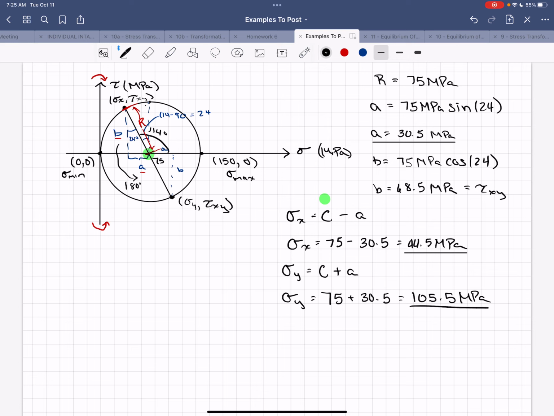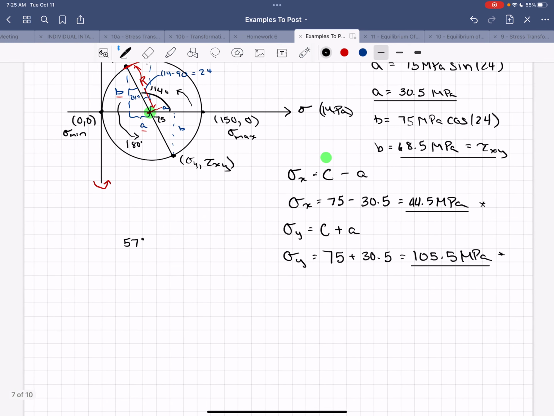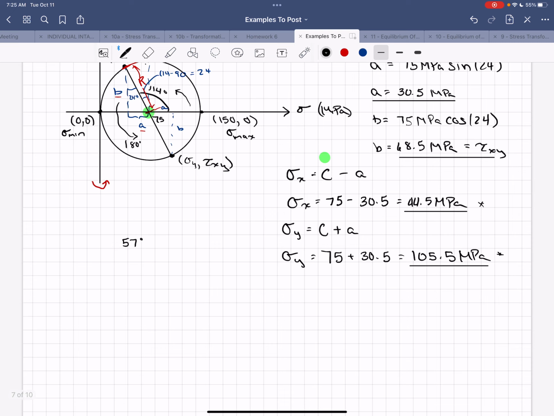So now we know our sigma y, we know our sigma x, and we know our tau xy. So we can draw our stress block. And we rotated 114 degrees on the diagram, on Mohr's circle, which was 57 degrees in real life. So we start by drawing our original right face, which was vertical.